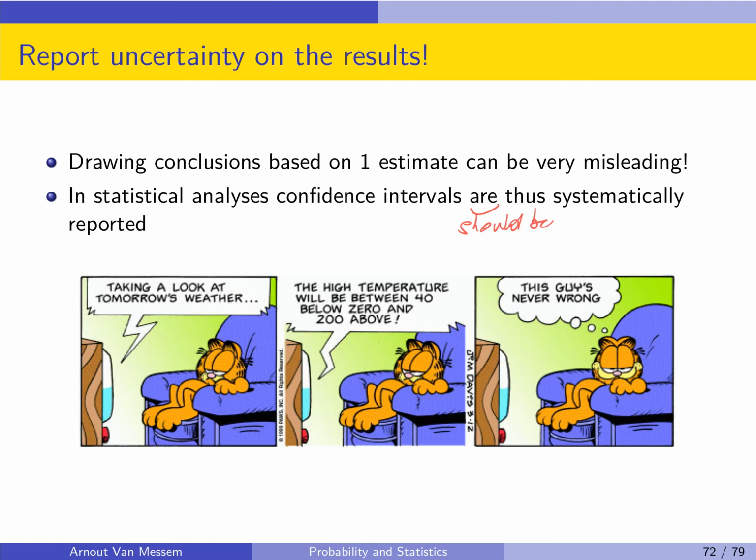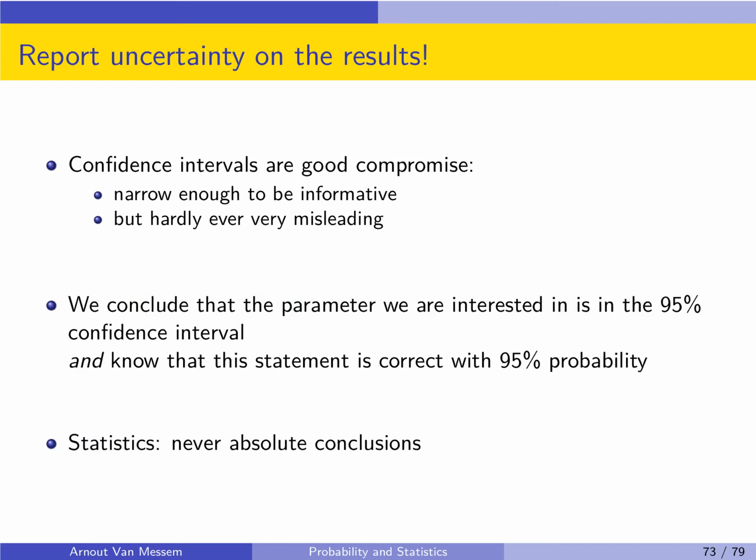Unfortunately, in practice this is not yet the case. Although more and more papers will give you confidence intervals, some still stick to a standard deviation with a mean. Confidence intervals are a good compromise. They are sufficiently narrow to be informative, so to give you a good idea about the true value, but they are hardly ever very misleading, so they will never be very wrong.